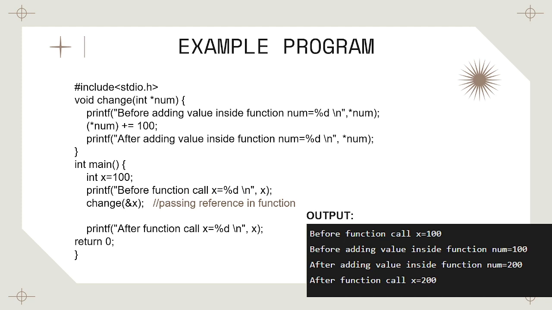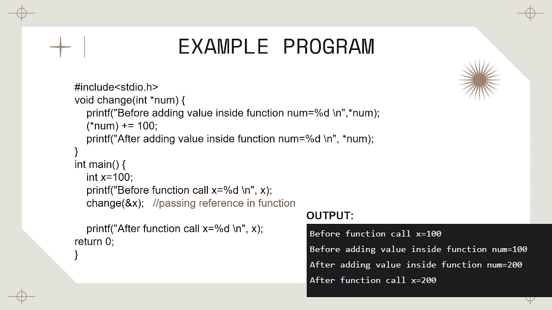Now we call a function change with the variable address, change(&x). At the receiving end the formal parameter is a pointer. A pointer is something that holds the address of a variable.